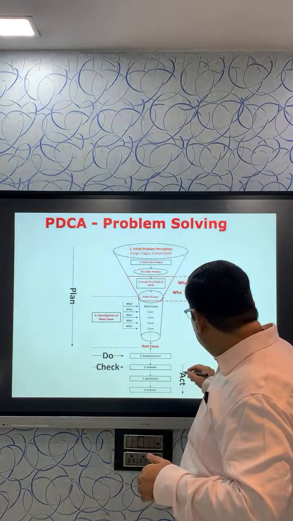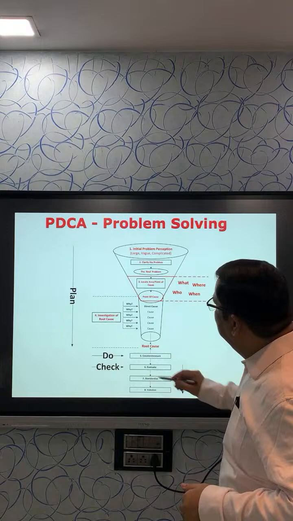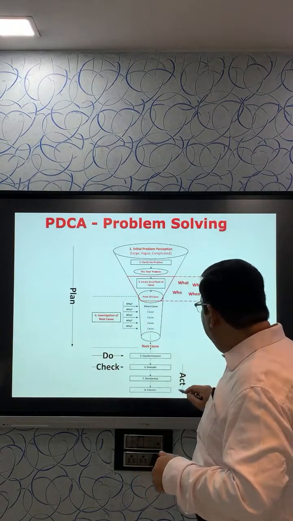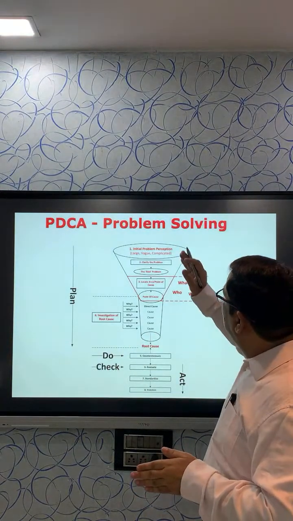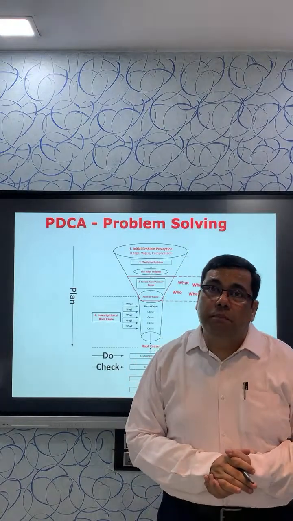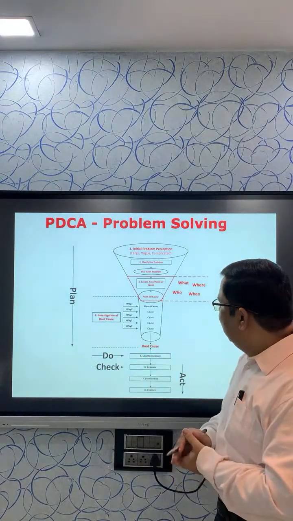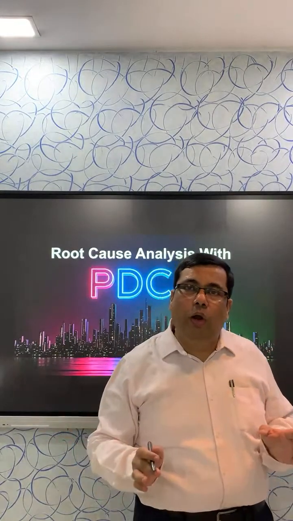So this comes under the act. So if you see here, the PDCA: plan, do, check and act. This PDCA can be used for problem solving, or you can say the investigation of all the problems. Hope you understand this point very clearly and this topic is clear to all of you.